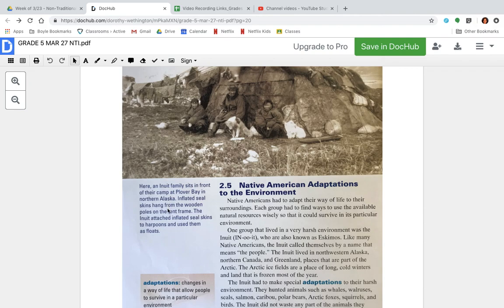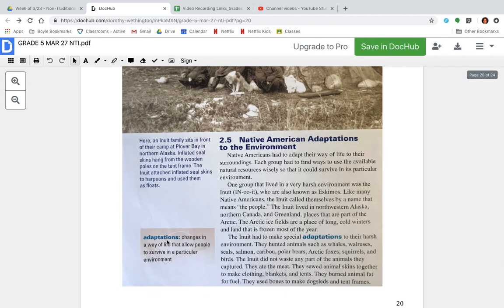Inflated seal skins hang from the wooden poles on the tent frame. The Inuit attached inflated sealskins to harpoons and used them as floats. Adaptations are changes in a way of life that allow people to survive in a particular environment. 2.5 Native American adaptations to the environment.